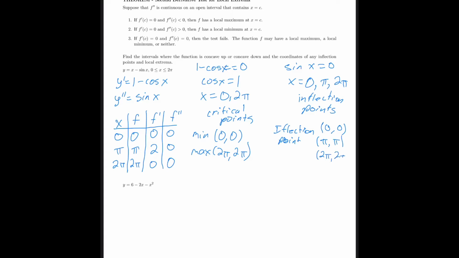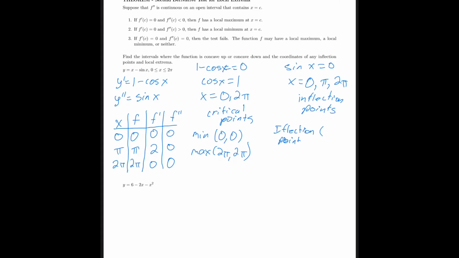But the inflection points here are going to be at 0, 0, pi, pi, and 2 pi, 2 pi. Although since these are endpoints, we won't include them as inflection points because the graph doesn't go concave up or concave down beyond them.